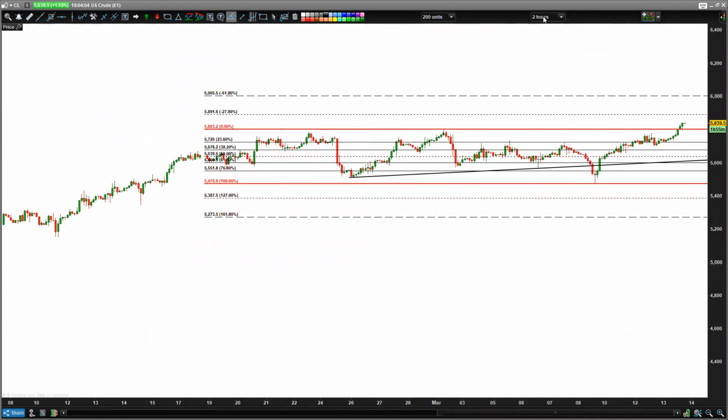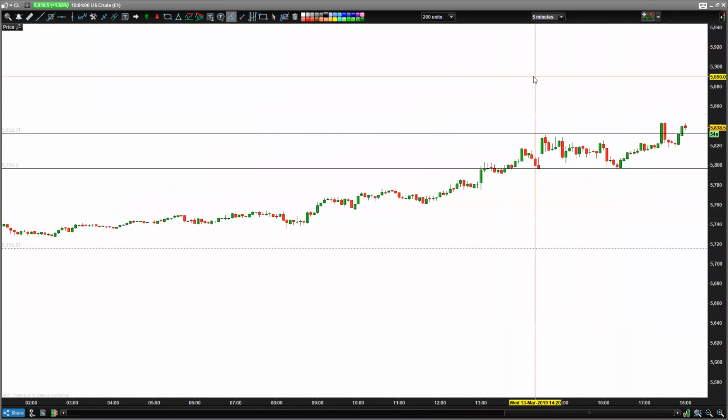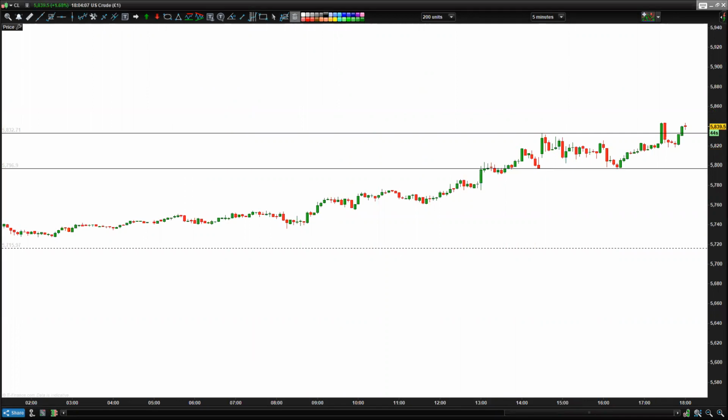So today, what did I do today? Inventories today. And let me show you how I marked off inventories. This was the pre-inventory price. The inventories come out at 2:30 UK time at the moment.